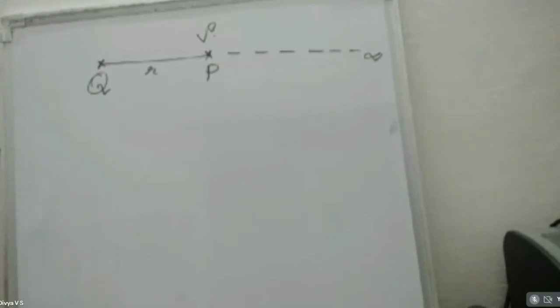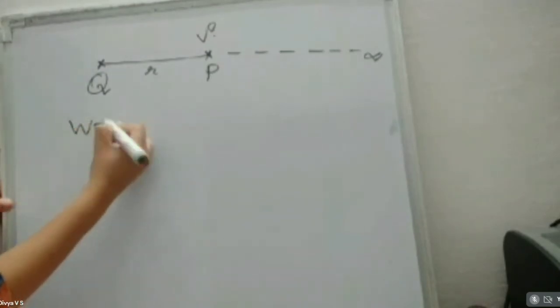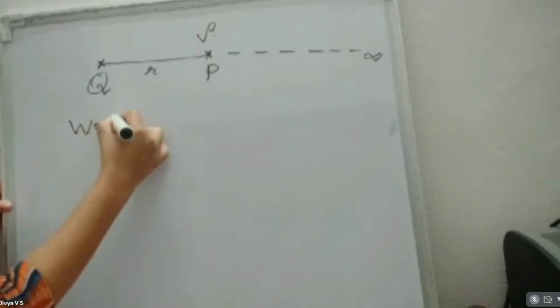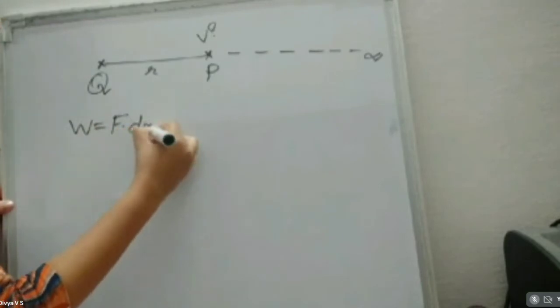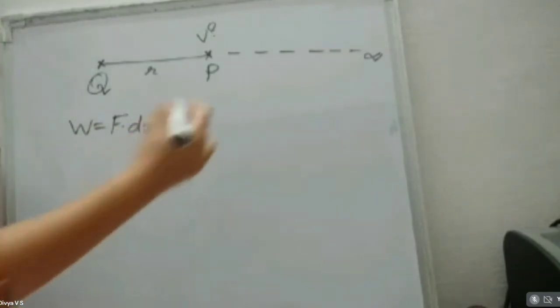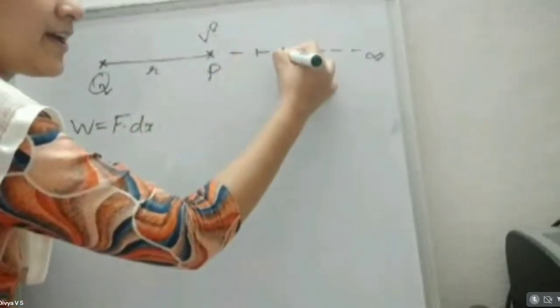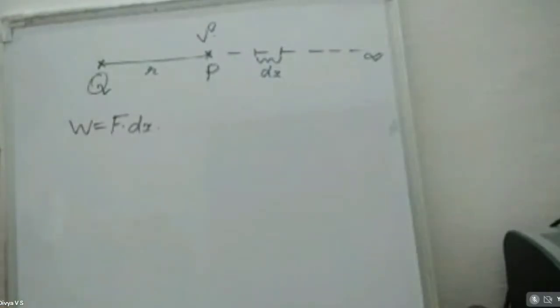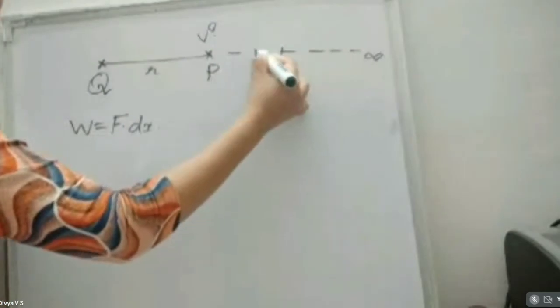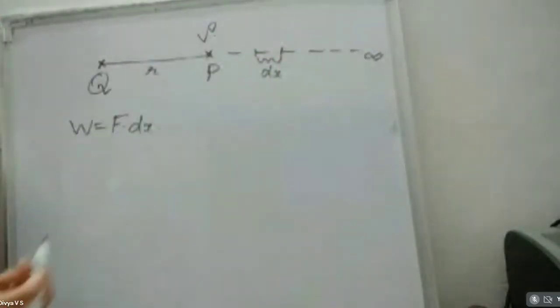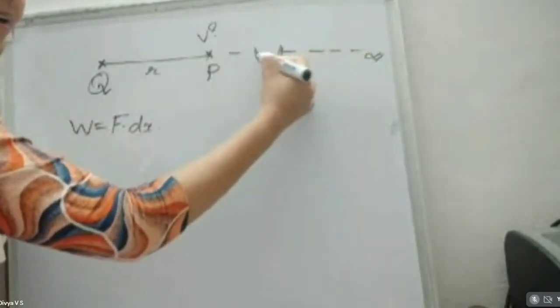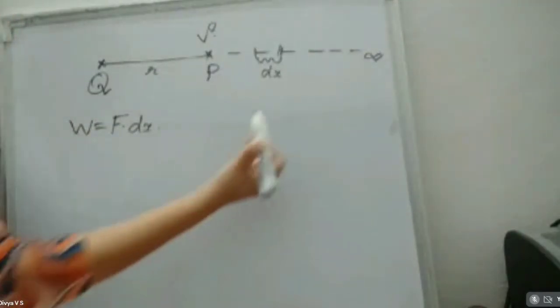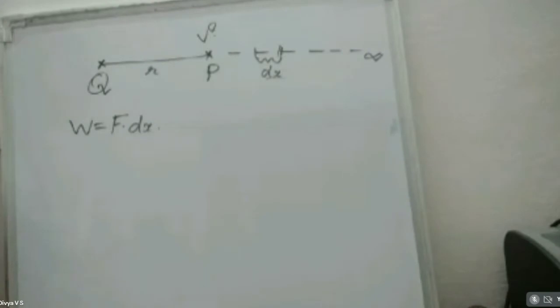Now, the expression for work done is equal to force into distance, isn't it? Now, we are assuming a small distance dx here. So, dx is a small distance in between that motion, which means from infinity to P, between that we are taking a small path difference, that is dx.